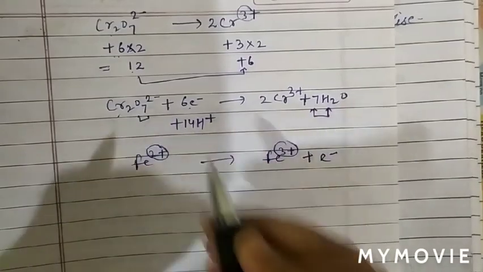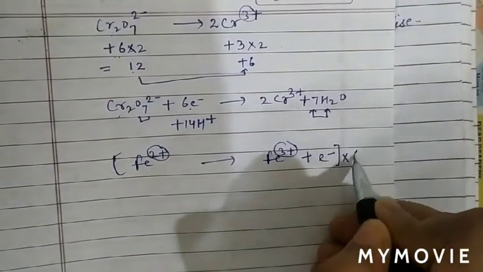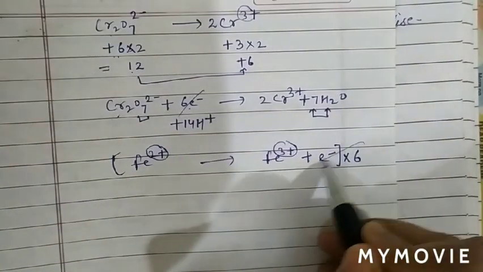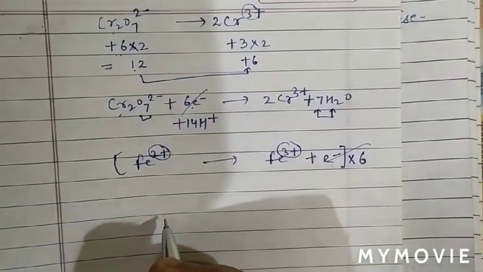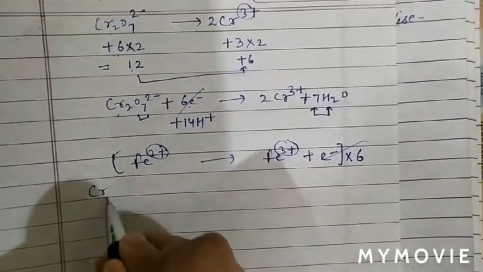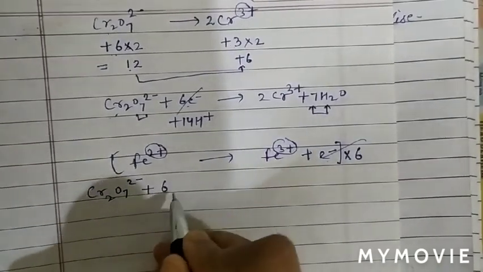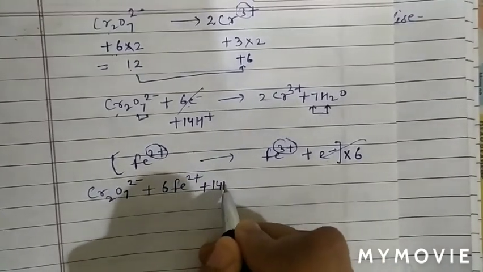Cr2O7 2 negative plus 6Fe2 plus plus 14H plus changes into 2Cr3 positive plus 6Fe3 positive plus 7H2O. So this is the correct balanced equation.